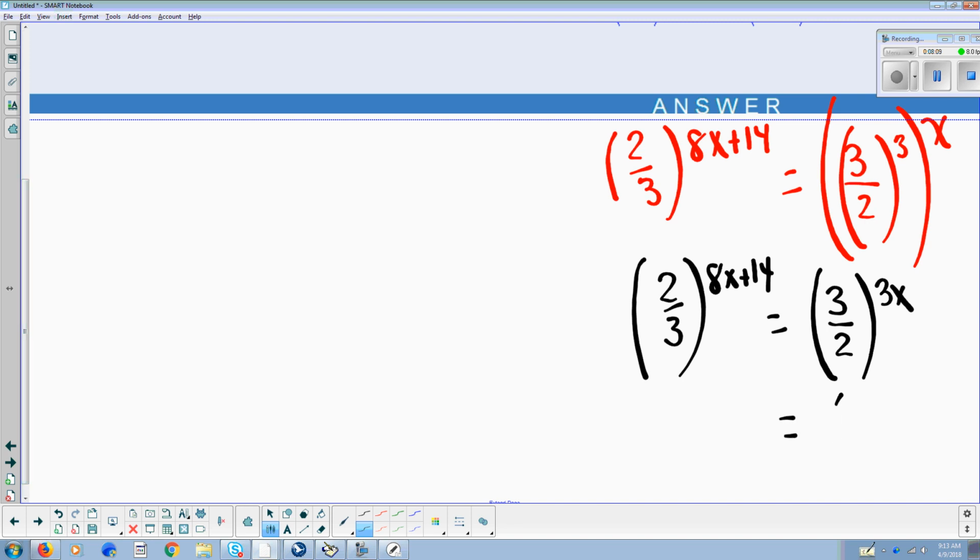If I flip it and write it as 2/3, that's 2/3 to the -1. 2/3 to the -1 is the same thing as 3/2. And then that's raised to the 3x.